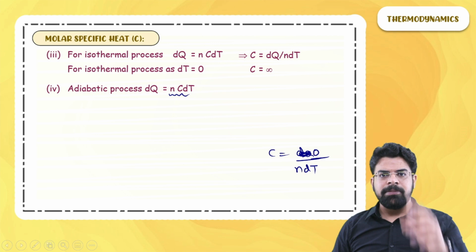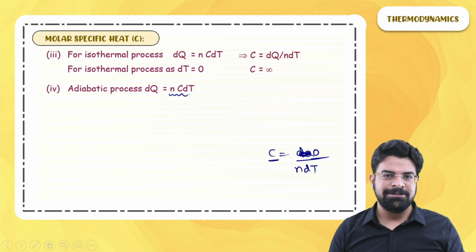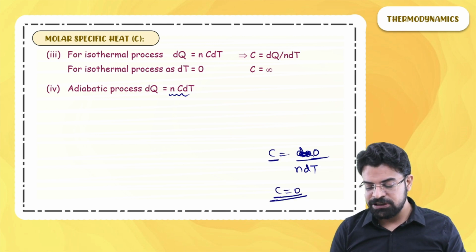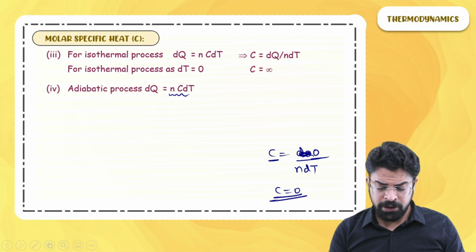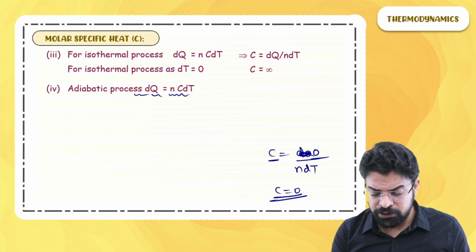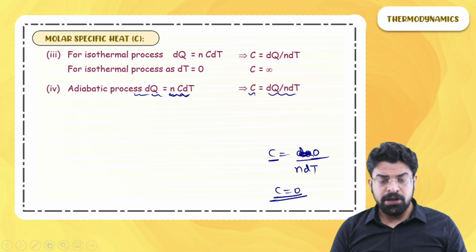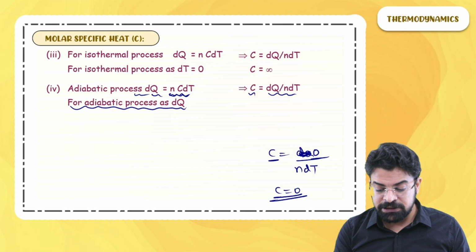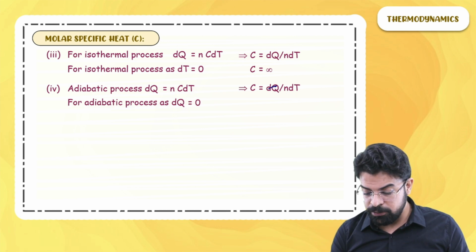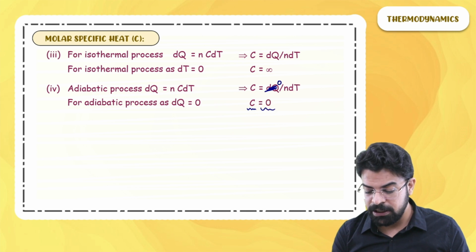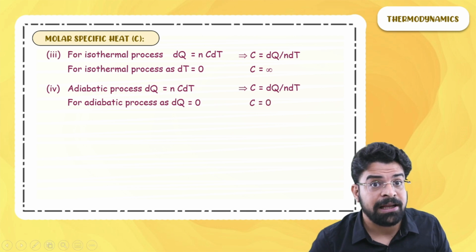Since the numerator becomes 0, the molar specific heat for an adiabatic process has to be 0. So for an adiabatic process, dQ equals n C dT, and C equals dQ by n dT. For an adiabatic process, dQ is 0, so the numerator here becomes 0. Hence the molar specific heat comes out to be 0, for adiabatic process.